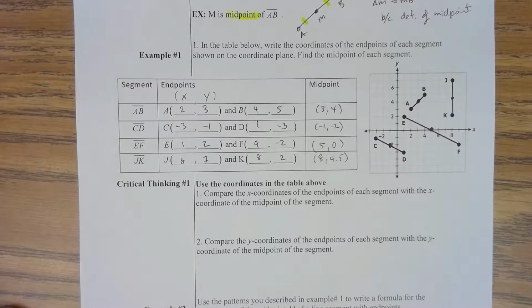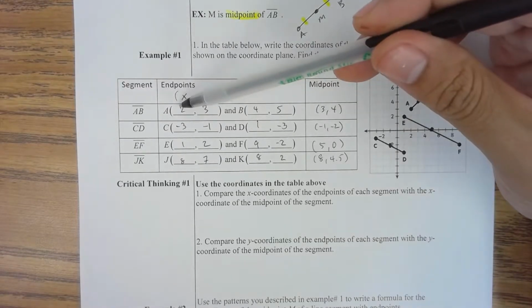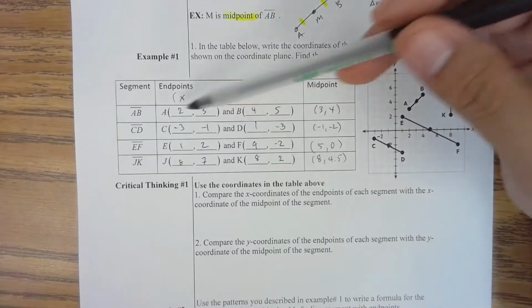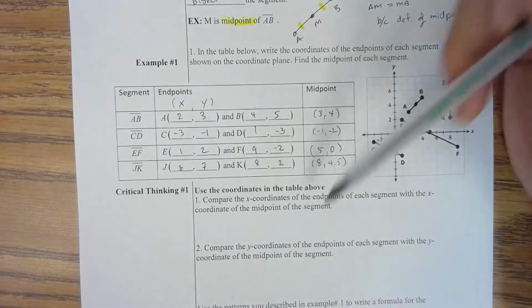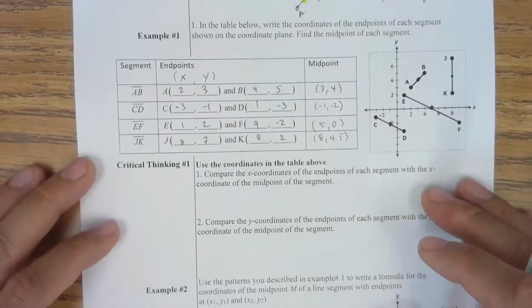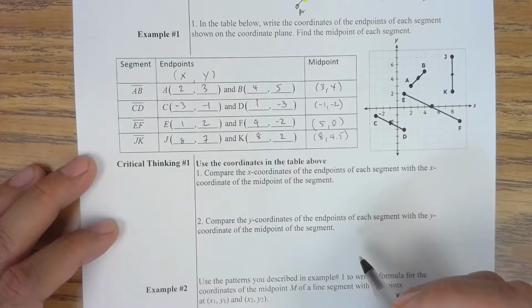And let's take a look at this. When we do the midpoint right here, notice that it's 2 and 4 right here. So the x coordinate of the midpoint, you should notice that it's right between them.